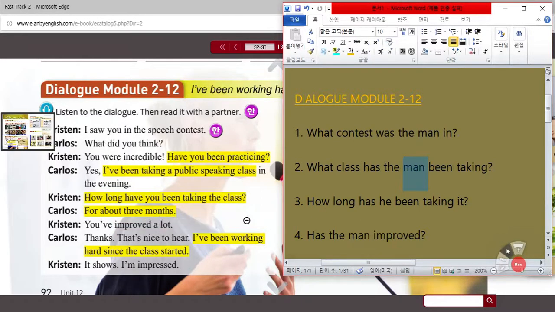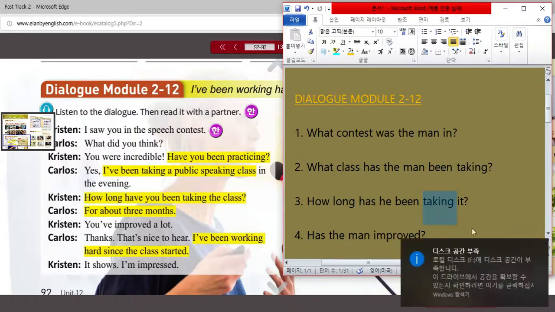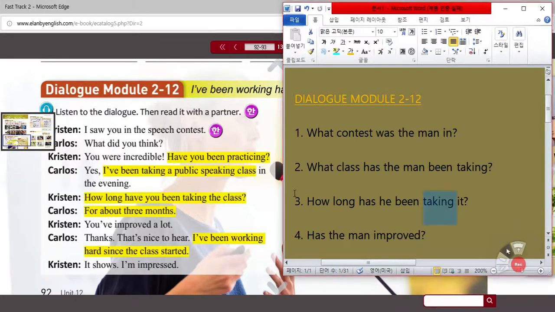For about 3 months. So 3 months earlier, 3 months ago, he started taking the class. He started the class. He is still enrolled. He's still taking the class. It continues from the past right up to the present.